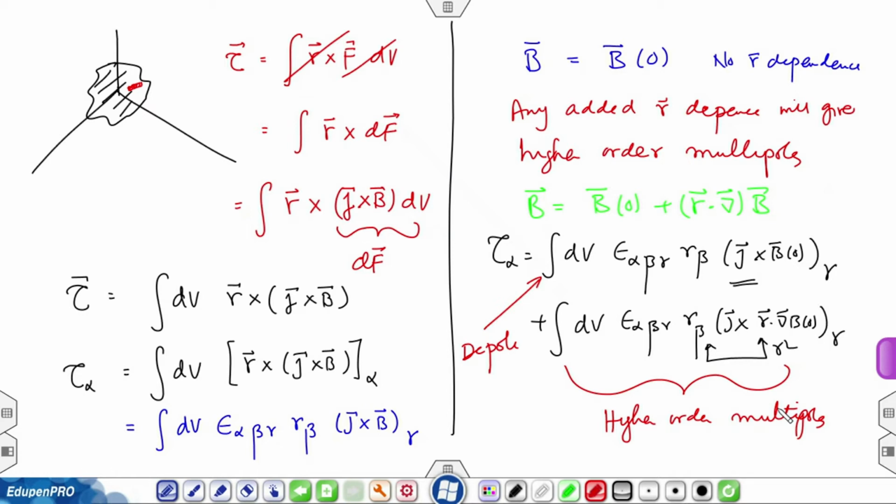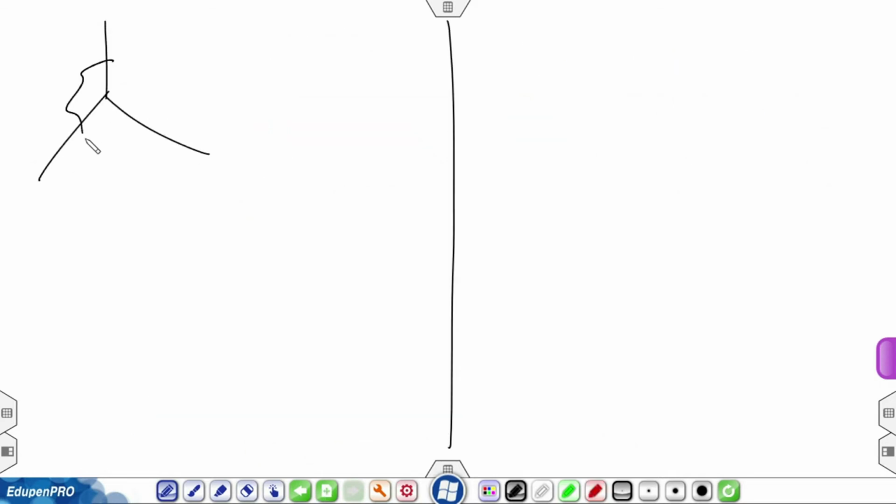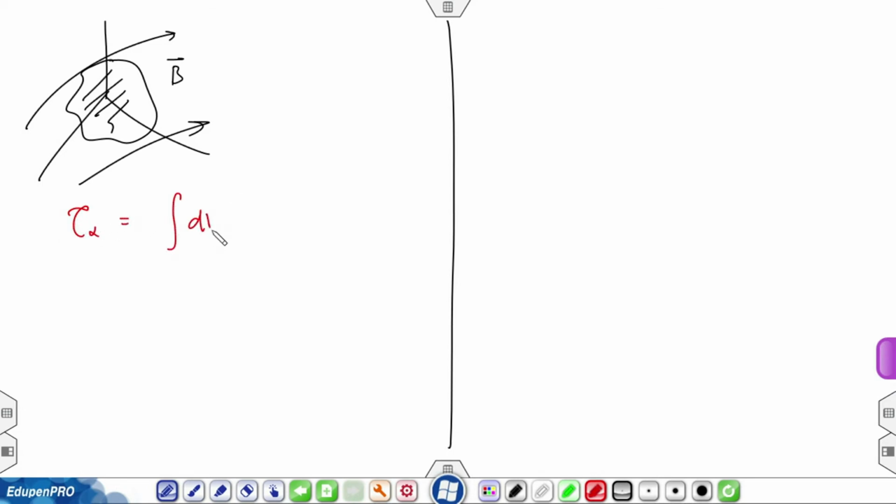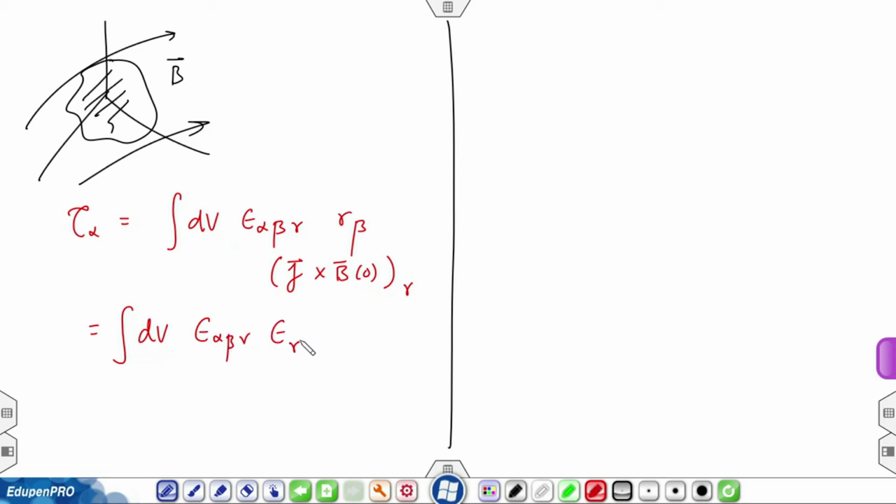So, let us write this again. So, I am considering this current distribution in a magnetic field B, and have written the alpha component as integration dV epsilon alpha beta gamma r beta j cross B at 0, which is a constant now, gamma, which I can further write as integration dV epsilon alpha beta gamma epsilon gamma l m r beta j l B m.